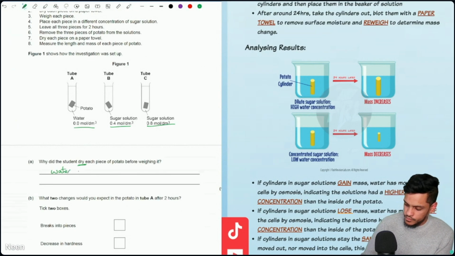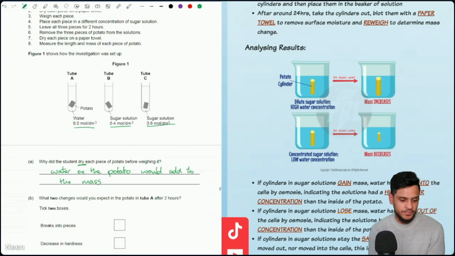The water on the potato would add to the mass. Get rid of excess. I don't think that's enough to get the mark though. Get rid of excess so that it doesn't get counted when you're weighing mass. It's close, but I don't think you'll get marked for that.